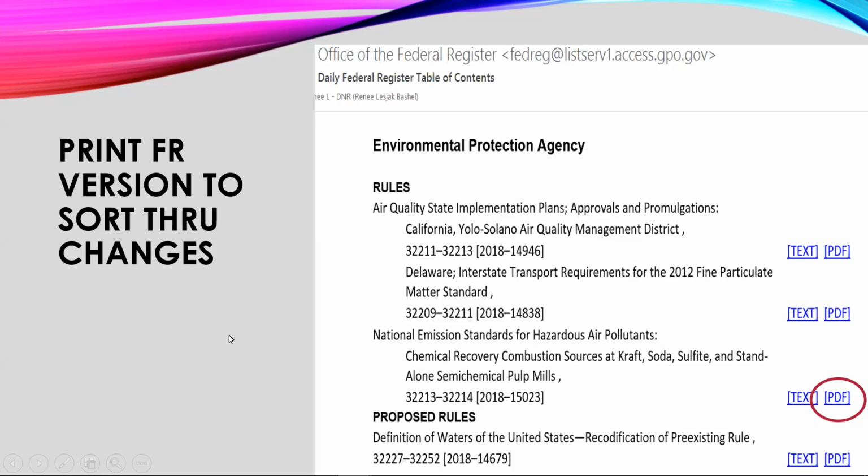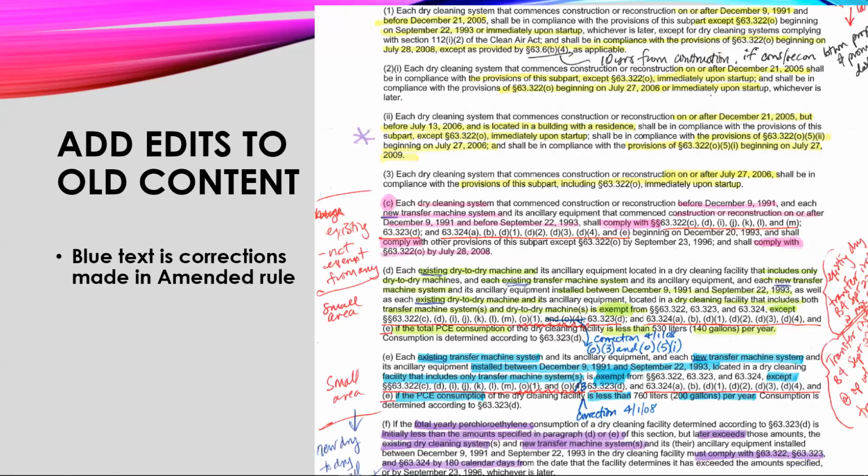And then I print these off, and if it's a particularly important rule that I've got resources already created and I need to make sure and update those, what I'll do is take just the amendments section and start writing notes within a previous version of the rule where I've made all of my different notations about grouping things by applicability. And you can see in the middle under subparagraph D here where I've crossed off a certain section to say, you know, they've made this correction in the 4108 amendments to this part of that paragraph, and so on.